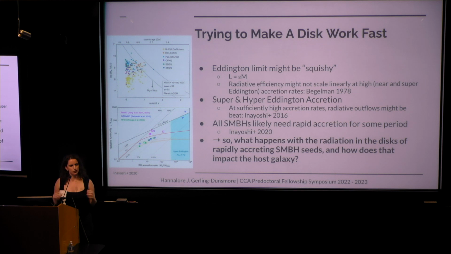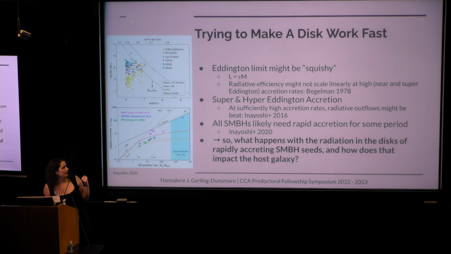And this brings us to how we try to make these disks work fast. It turns out that the Eddington limit might be a little squishy. Shelley Shang did a wonderful job of explaining the Eddington limit, so I'm just going to remind us really quick. The Eddington limit of luminosity is when you balance your radiative pressure with the gravitational binding energy of your object. My slide seems to not be showing some special characters.